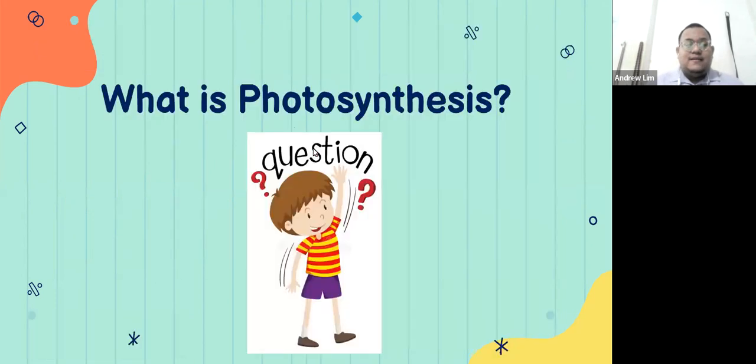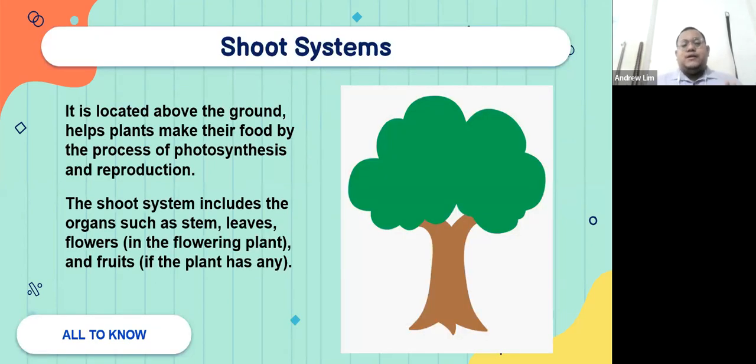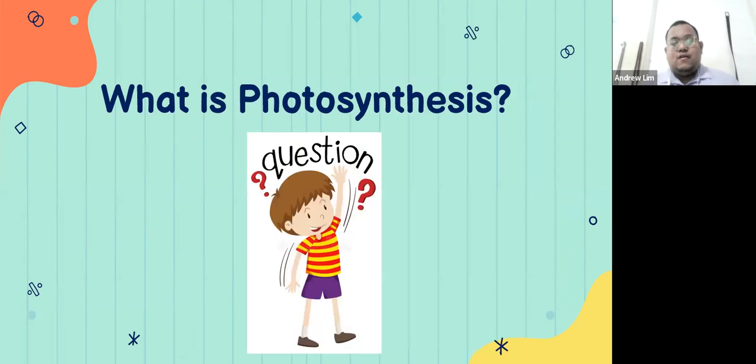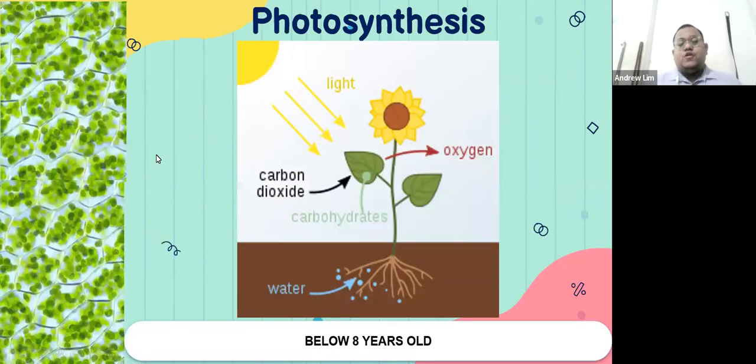All right. So these big words, photosynthesis. What is photosynthesis? Okay, for those 8 years old and below, photosynthesis basically means, in simple terms, the plant uses the sunlight and the carbon dioxide on the leaf, and the leaf will use these two, light and carbon dioxide, and make them into food, which is known as carbohydrate, and oxygen, with the help of water from the ground.